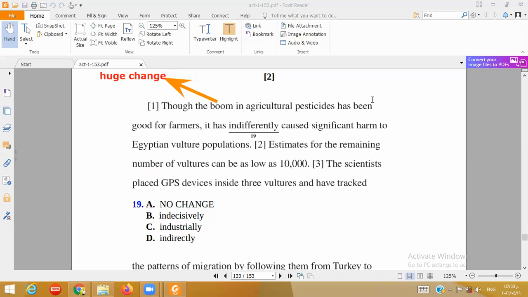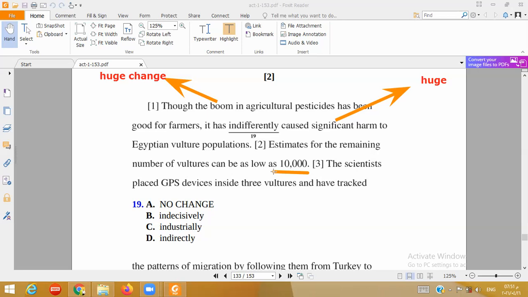However, it has caused significant harm. Significant means huge harm to the Egyptian vulture population. And then estimates for the remaining number of vultures can be as low as 10,000. Can you believe this? There are only 10,000 Egyptian vultures in the world. And all that because of the agriculture pesticides that kill so many Egyptian vultures.